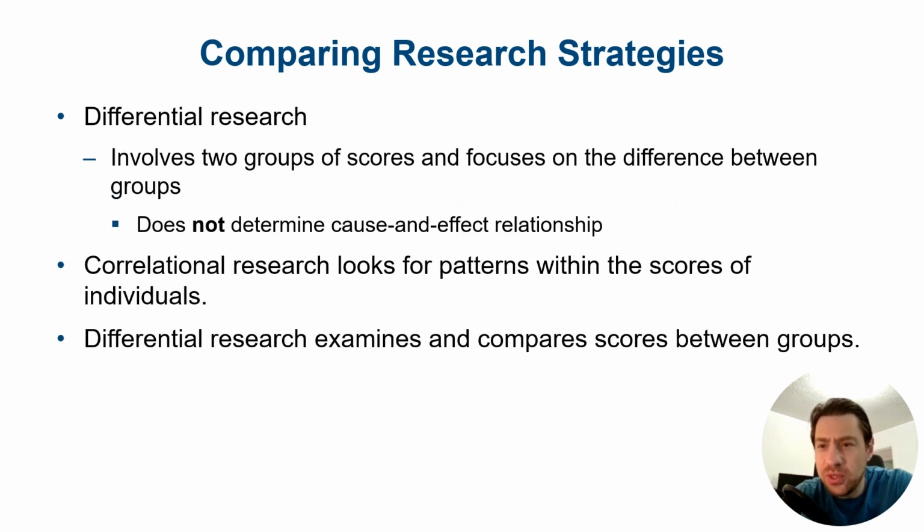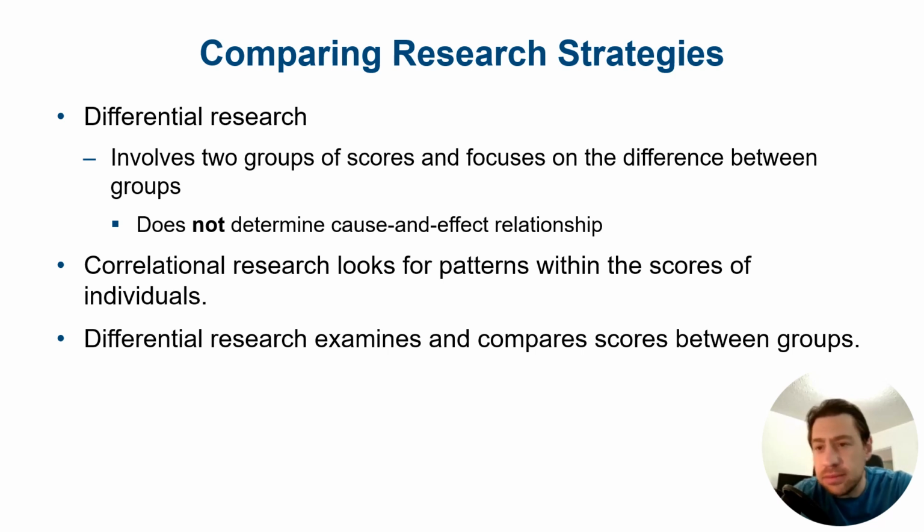And we also have differential research. And recall that the goal here is to establish the existence of a relationship also, but this time by demonstrating a difference between groups. So this approach is similar to correlational research, but focuses on group differences rather than individual pairs of scores.